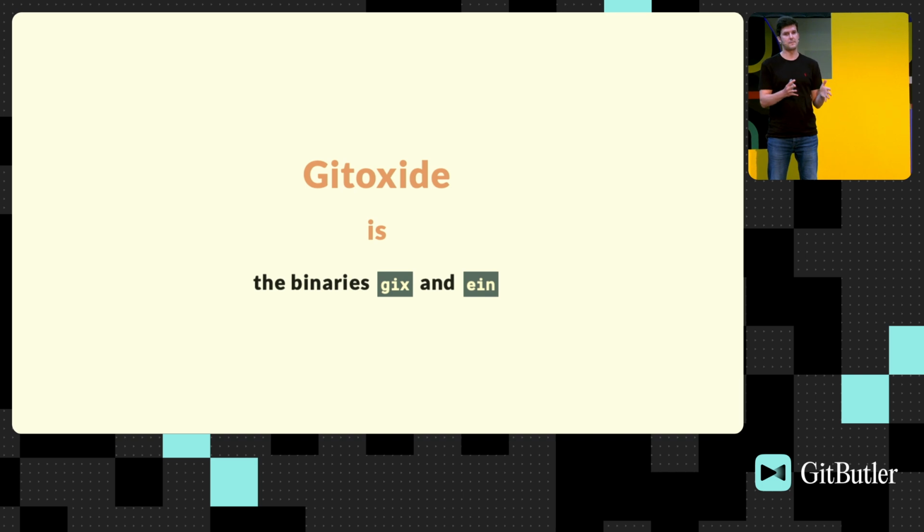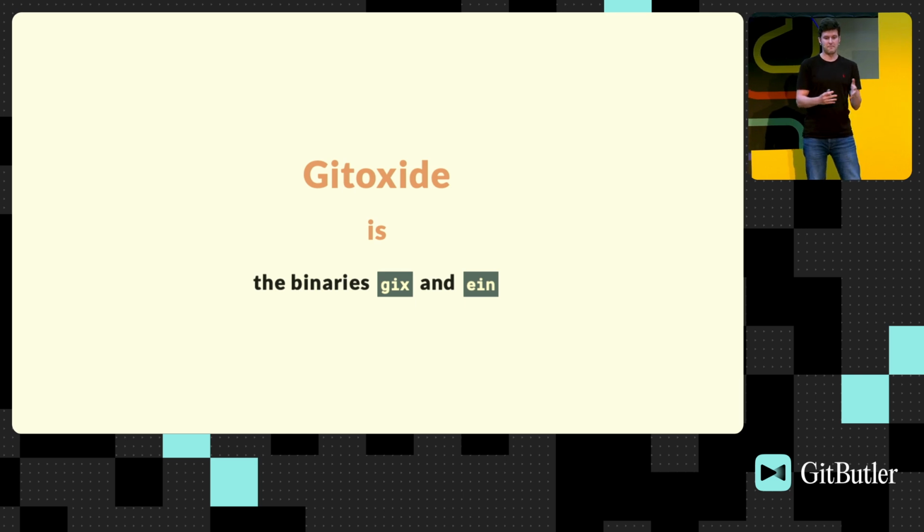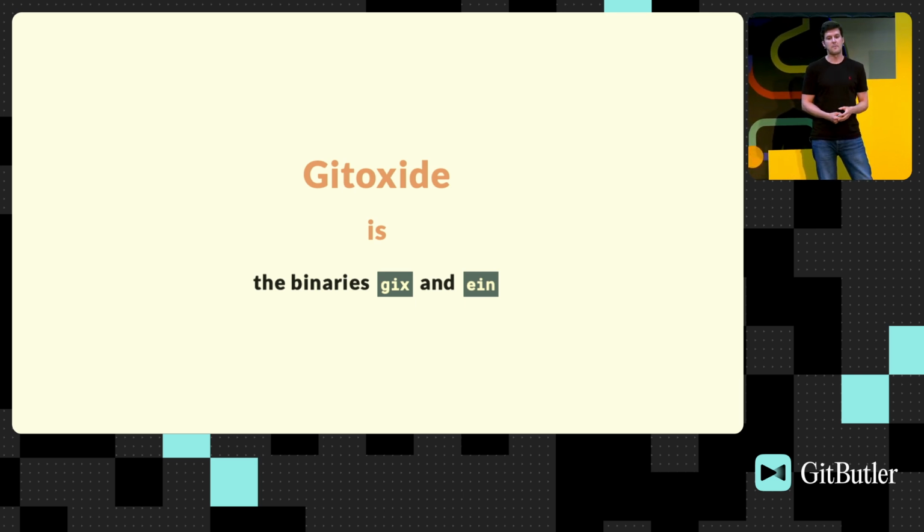Gix is just a developer tool that does not try to be or replace Git, by the way. Gix is really just for me to be able to find out how stuff runs, how algorithms run in the real world. Whereas ein, as in Einstein, it's kind of the opposite of Git, because it might be one day a Git command line tool that makes it easier to use or interact with Git repositories.